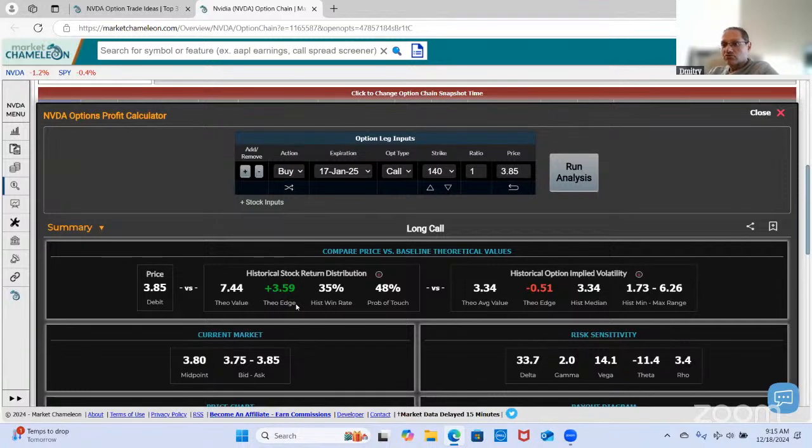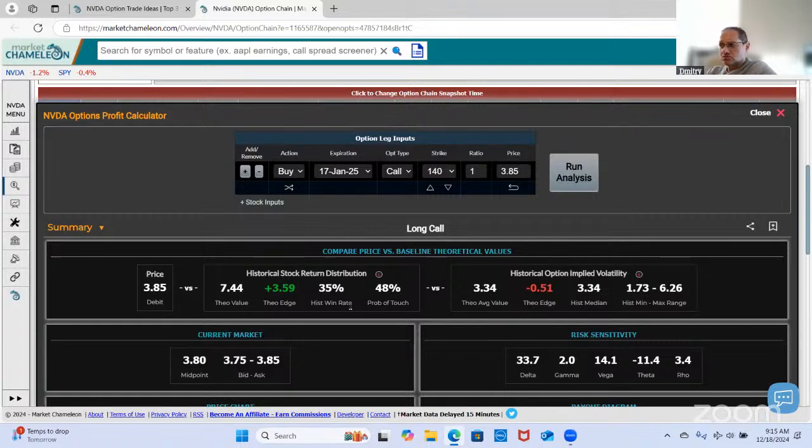The historical win rate we just discussed is the amount of observations in our historical analysis that would have resulted in this being profitable. That's 35%. I mean, 35% of our observations, the NVIDIA did what it needs to do to make this option profitable.